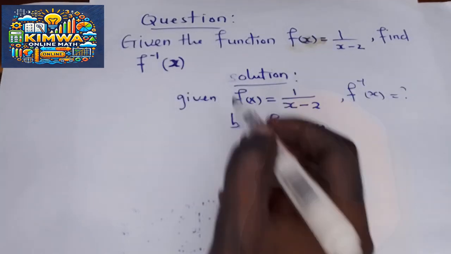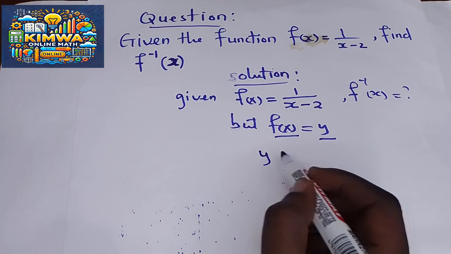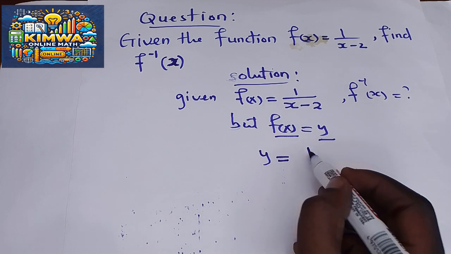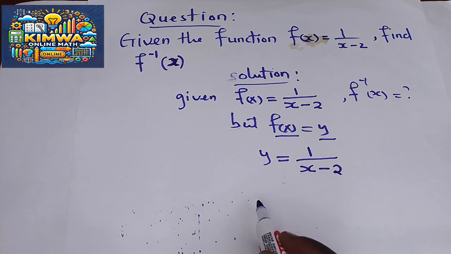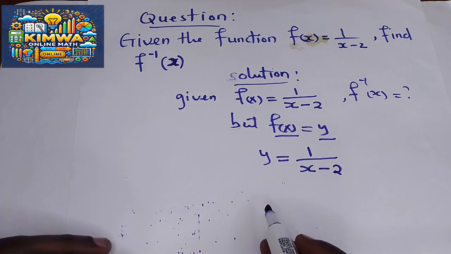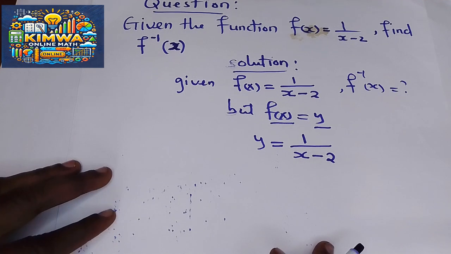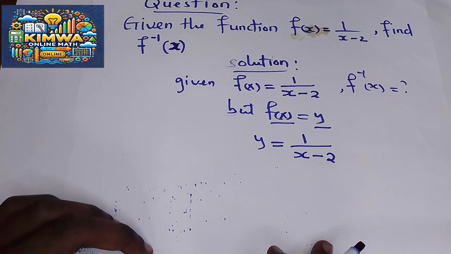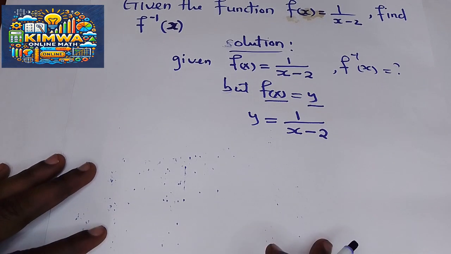So now our new equation will be y is equal to 1 over x minus 2. Our task is to find the inverse of the function.